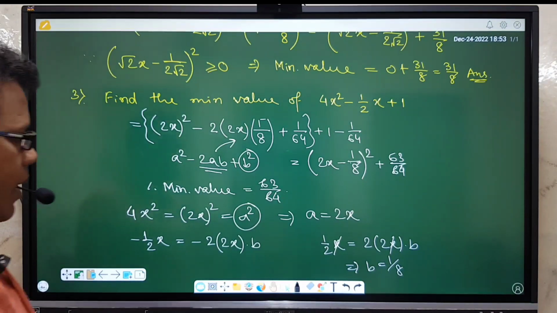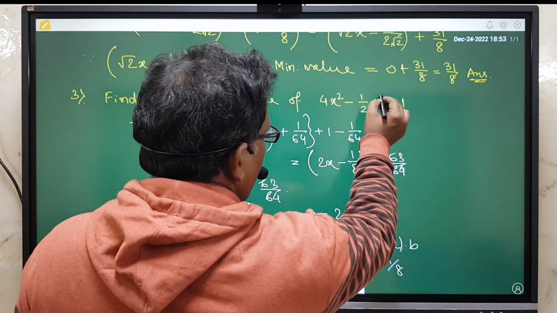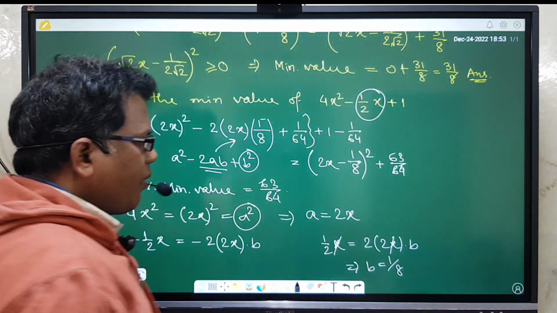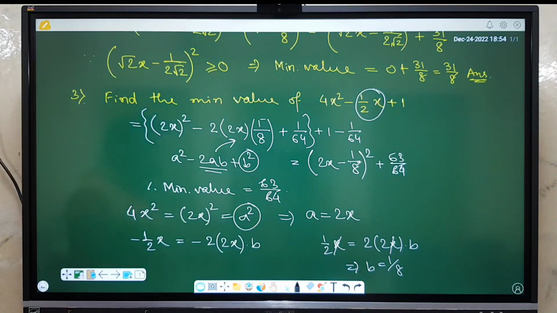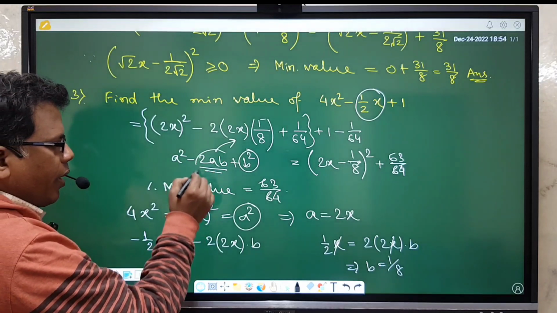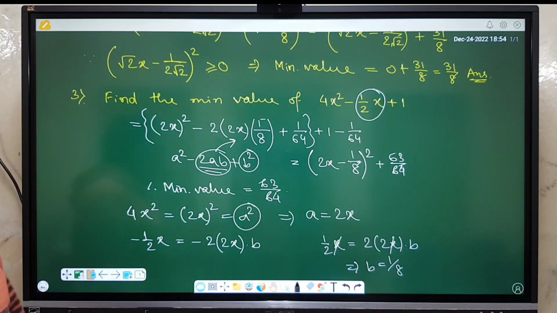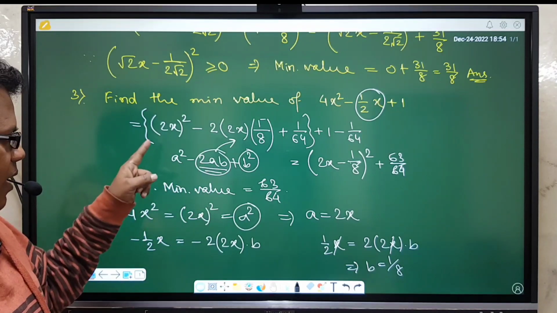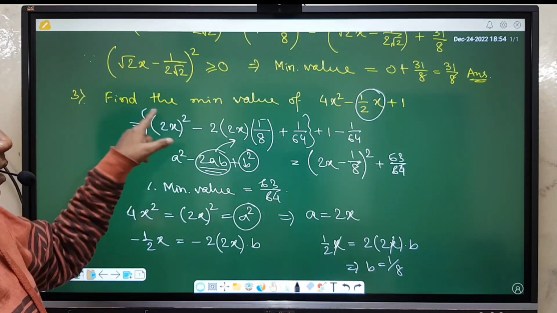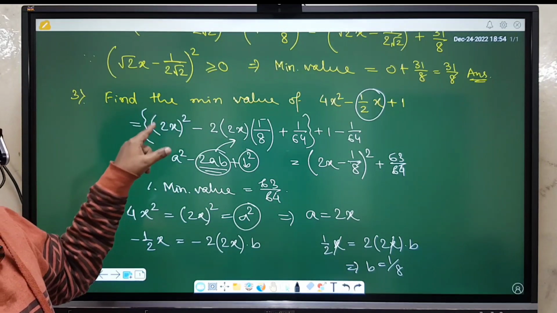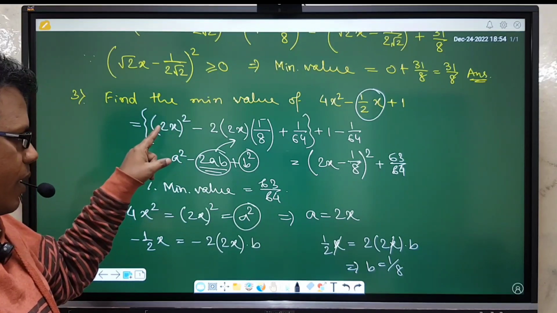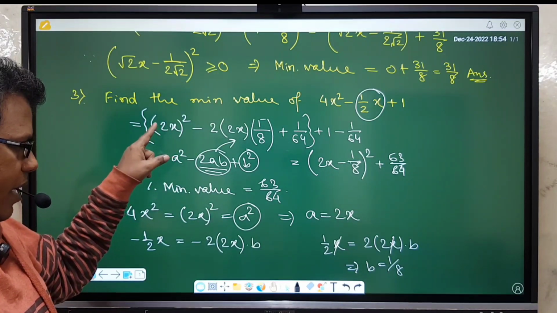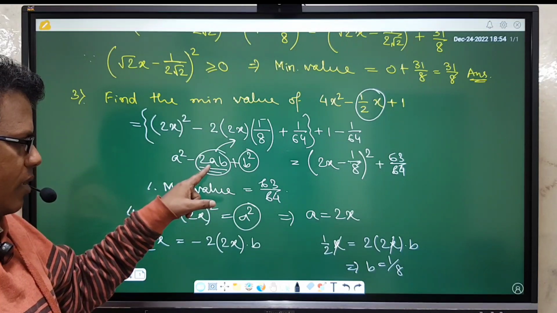So that means the middle term, the term with the power of x as 1, if I want to express it according to the form of 2ab, then which term has to be written as a, we have confirmed by taking the perfect square of 2x, so 2x becomes a. So now a is known to us.